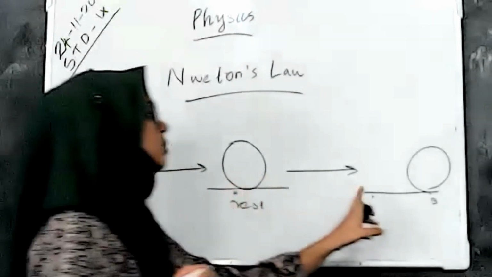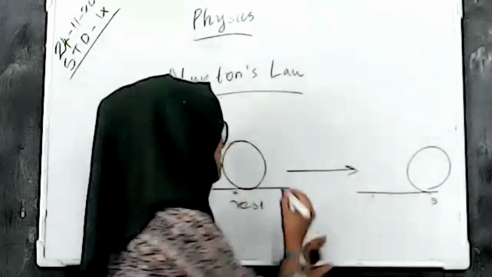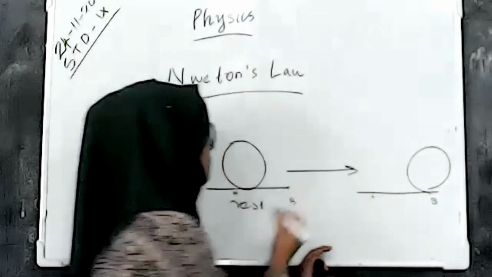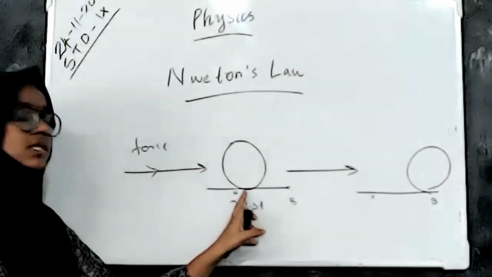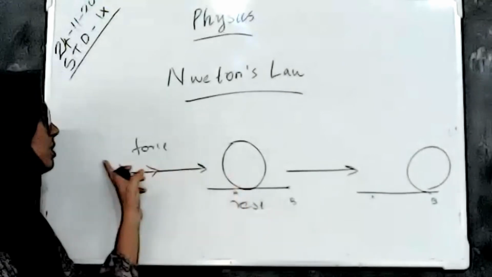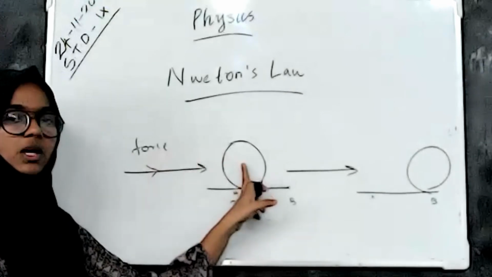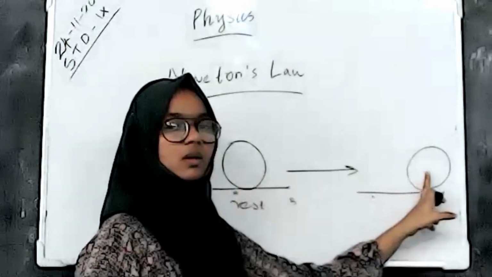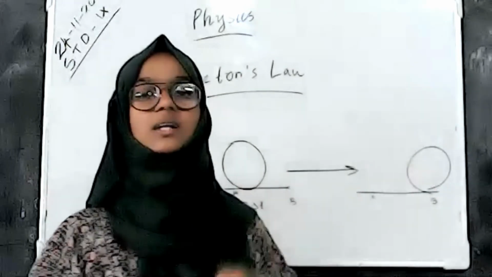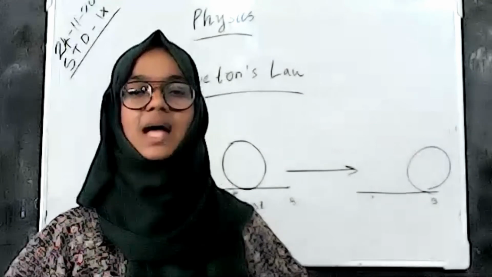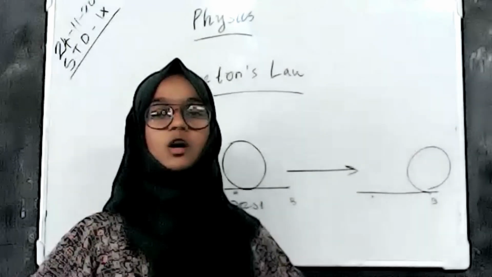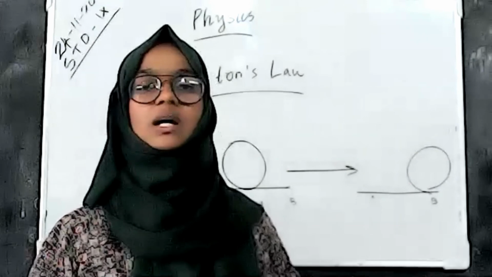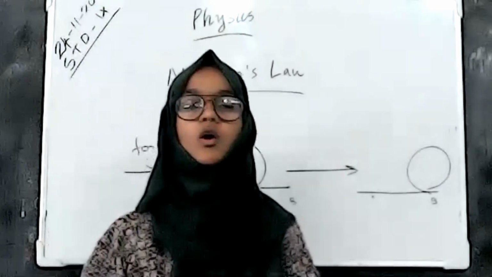It changes its position from A to B. Here is the point B, and first of all, it is at rest at point A. A force is applied on this body. It changes the position from A to B, and it depends on what the actual force acting here is. So we want to define Newton's first law of motion.